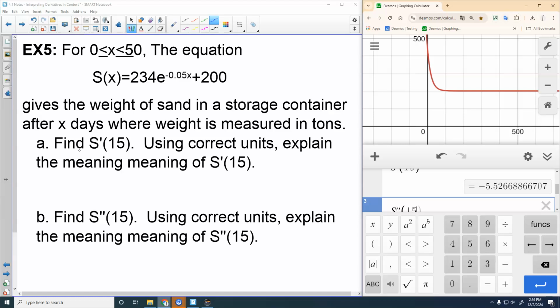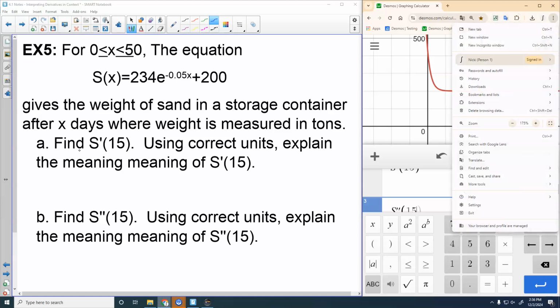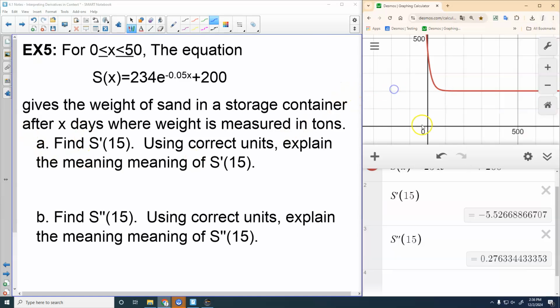What is our x measured in? Days. And what is our S of x measured in? Tons, right? So the units for the first derivative will be tons per day.